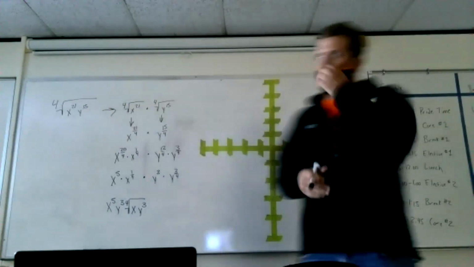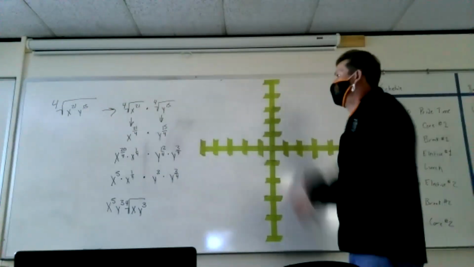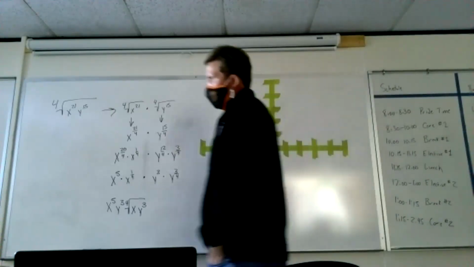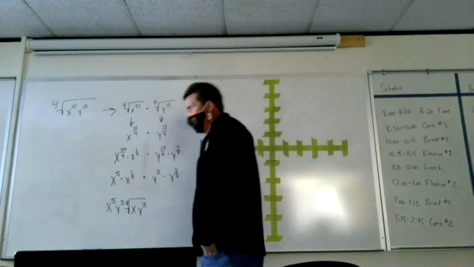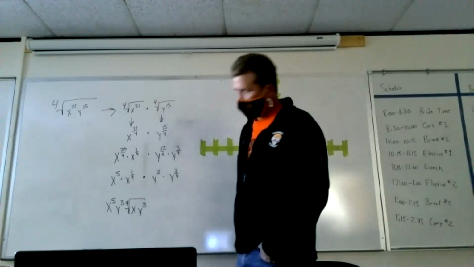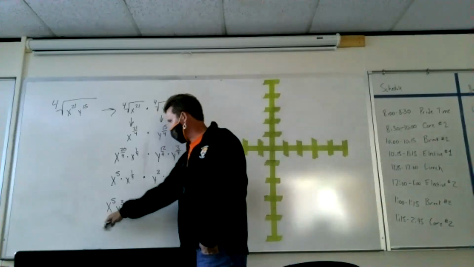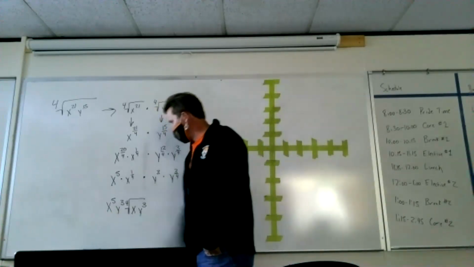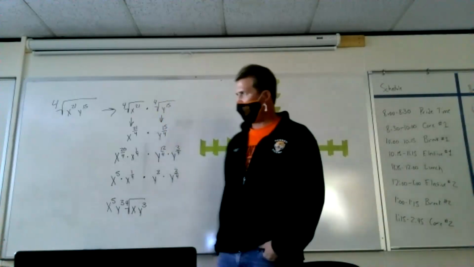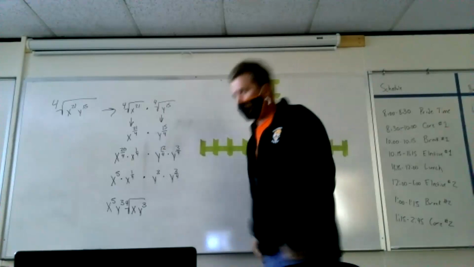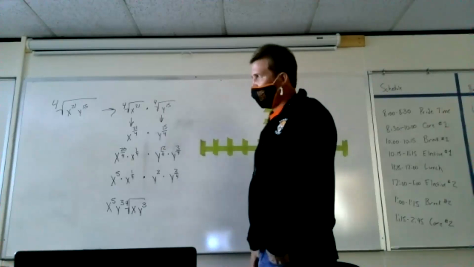And since I was able to isolate whole number exponents, I can move those to the outside of my radical. Okay, that makes sense. So my final answer, simplified version, is x to the 5th y to the third times the quantity of the fourth root of x y to the third. Any questions on that one?